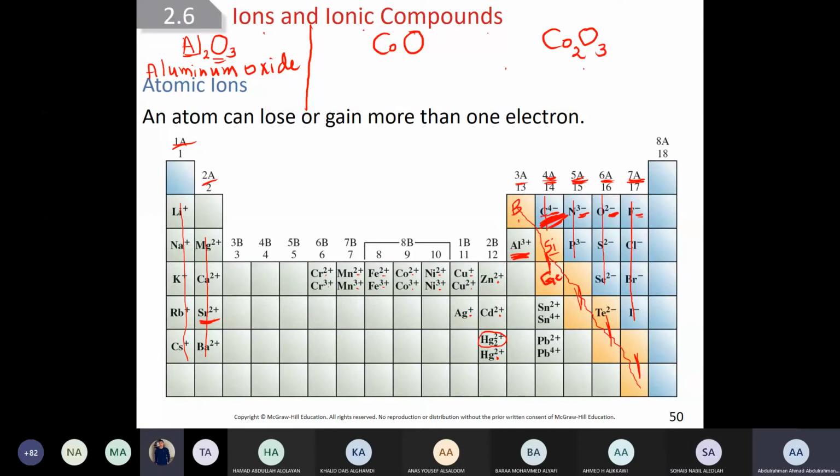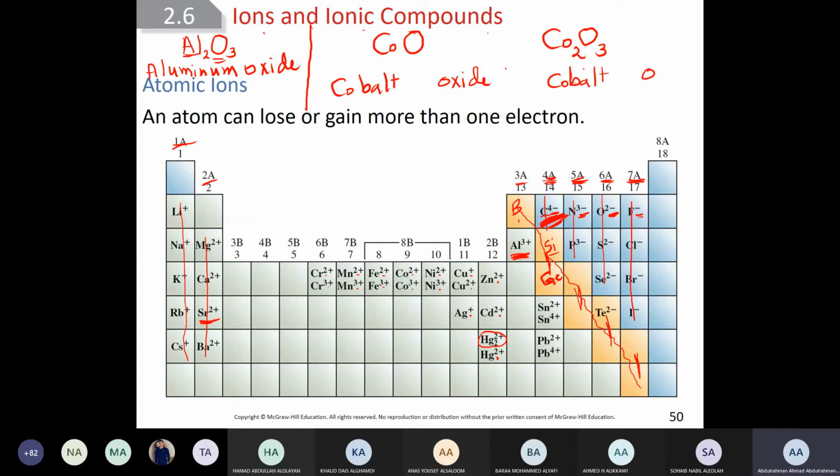We can have this one for +2, it will be CoO, and this one for +3. How to name these compounds? Same thing. I will say cobalt oxide, and this one, cobalt oxide.